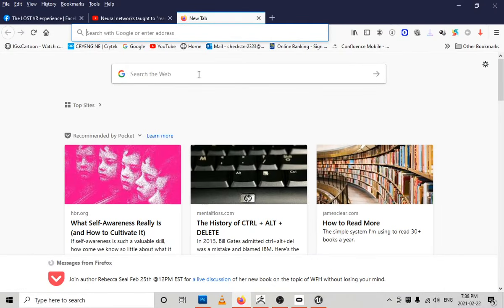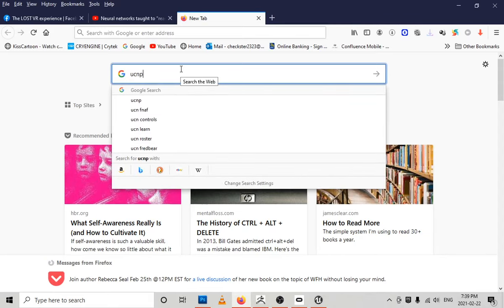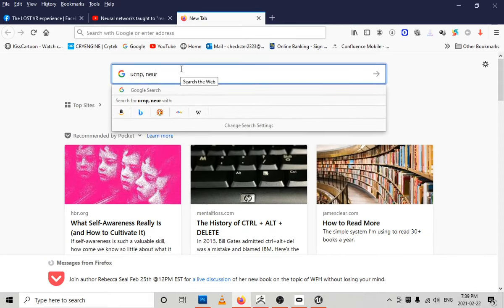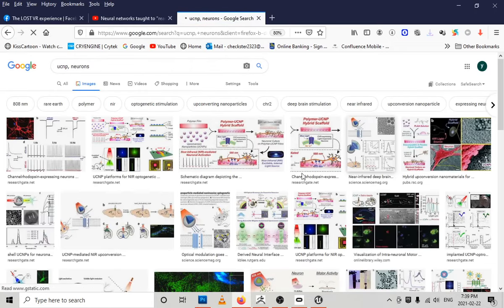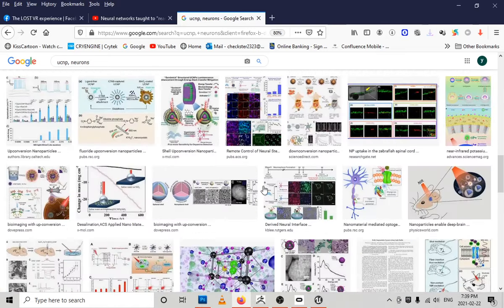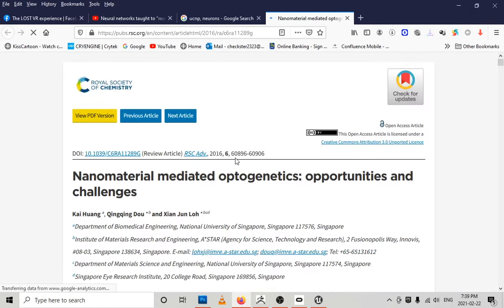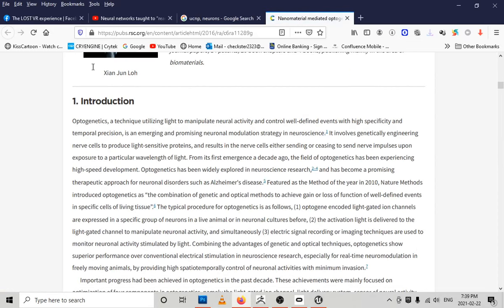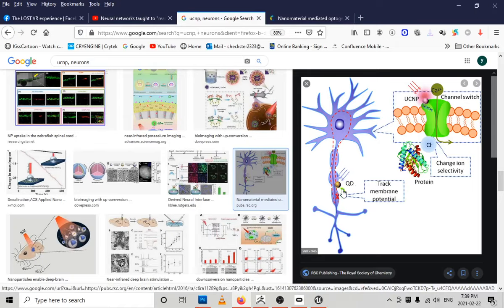And that is through the use of something close to upconverted nanoparticles and neurons. Okay, if you simply Google this, you can do this research yourself. Because now we can actually tether quantum dots and nanoparticles directly on neurons. You see here how this quantum dot can be secured to this neuron?